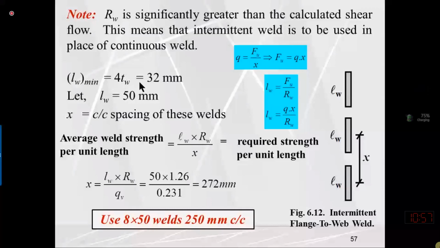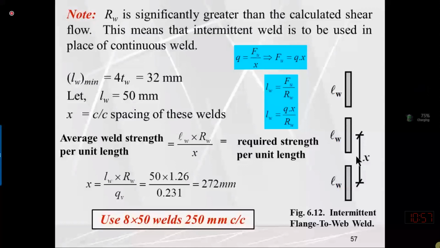The minimum weld length may be provided as 32. Let's suppose we are providing the weld equal to 50 mm. So the length of the weld is fixed, and we need to determine the X value, which is the center to center distance between the intermittent welds, or the pitch of the weld, that we determine by the concept of shear flow.